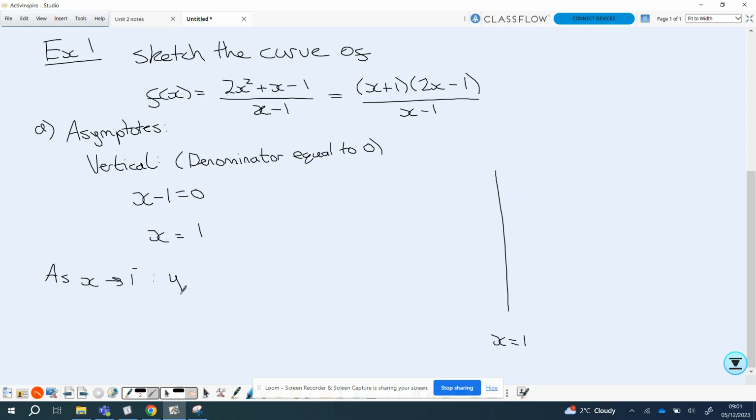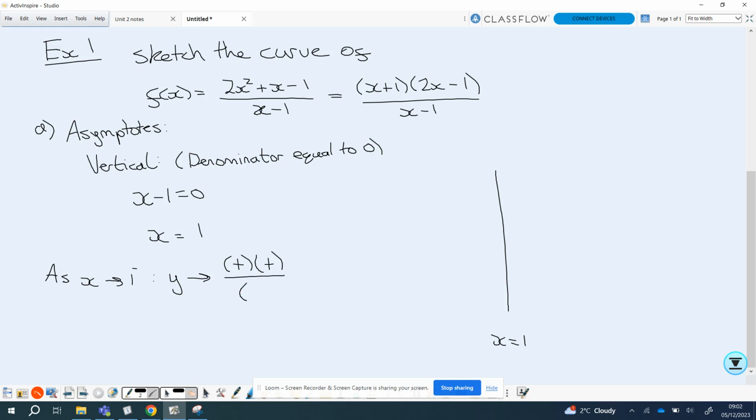Remember we're picking a value just before the value 1, and I mean just before, so you're thinking about a value like x equals 0.9 for example, that would be the value you'd be substituting into the function here. What would happen to my function here? So we know it's going to be x plus 1, and if my value is 0.9 for example, that first factor will be positive. My second factor, well two lots of something like 0.9 minus 1 would still be something positive.